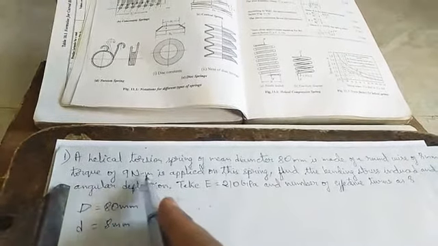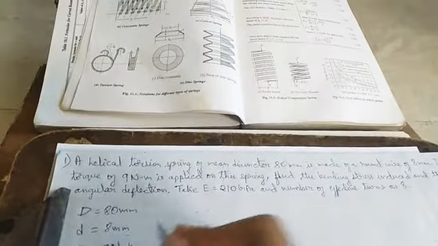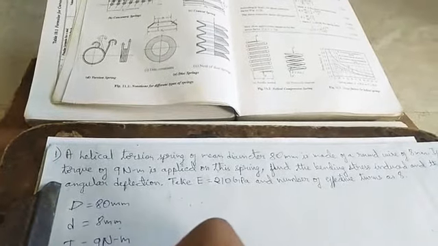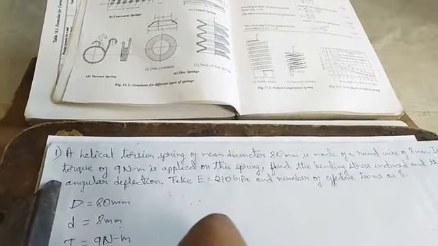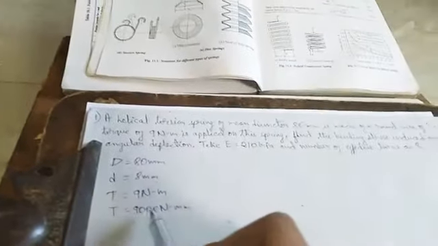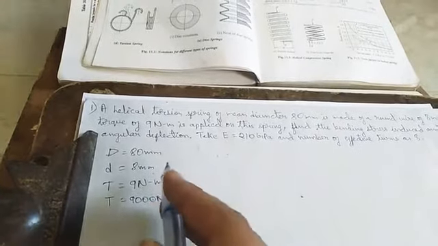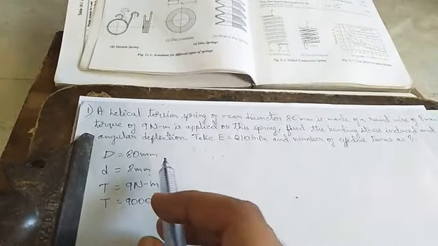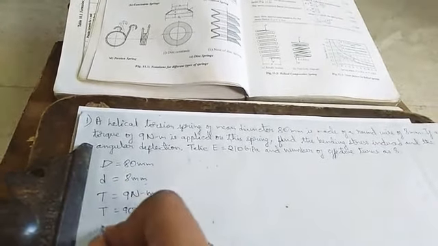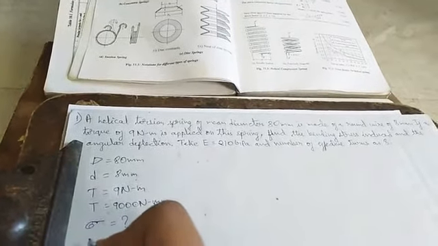If a torque of 9 Newton meter is applied, we shall consider this as 9000 Newton mm, because all the data we have is in mm, so we'll convert the value of torque also to mm. Find the bending stress induced and angular deflection. Bending stress is sigma and angular deflection is theta or y.